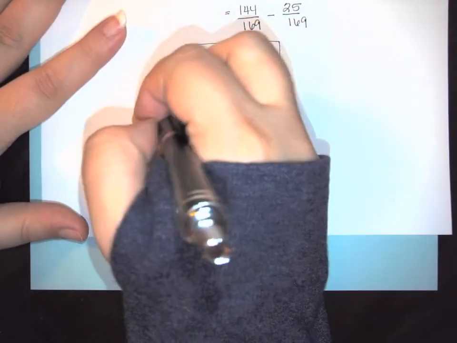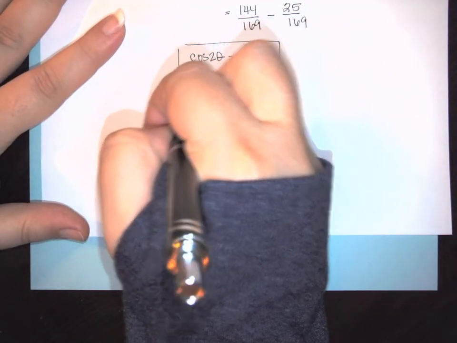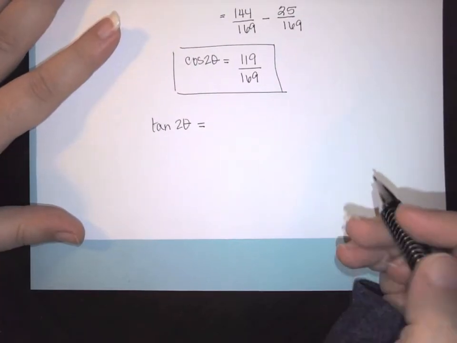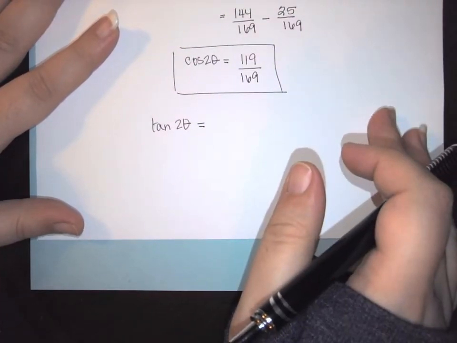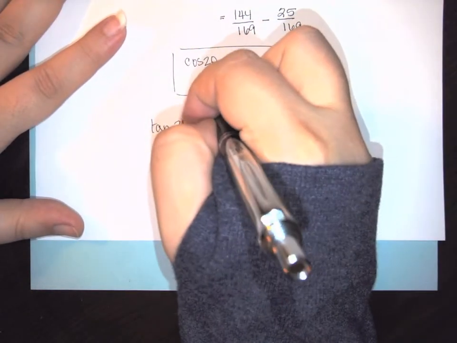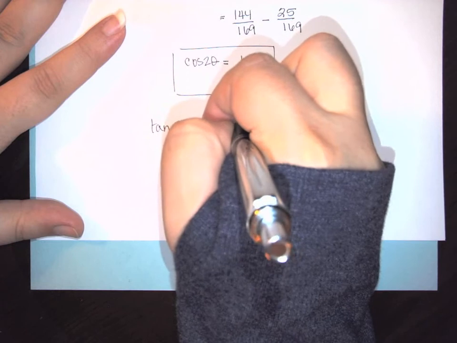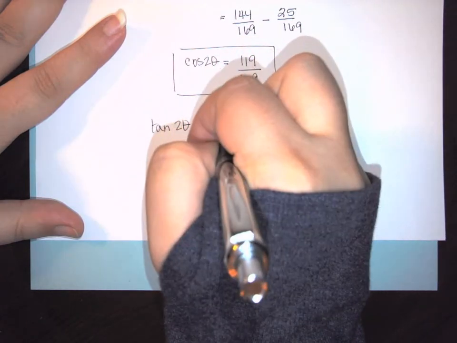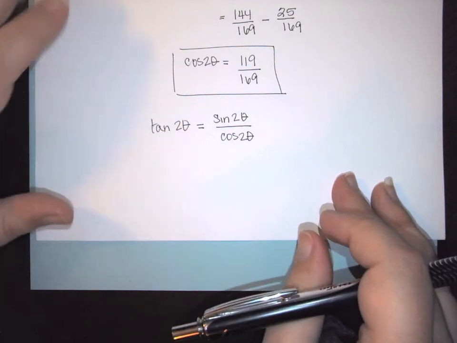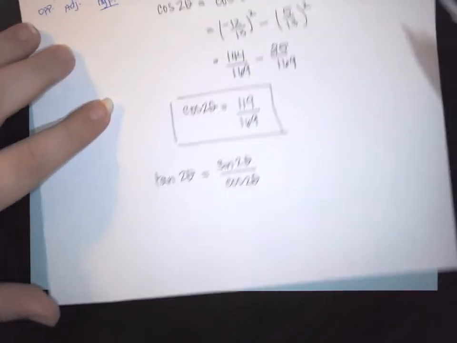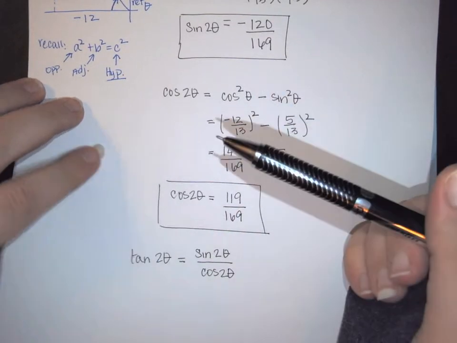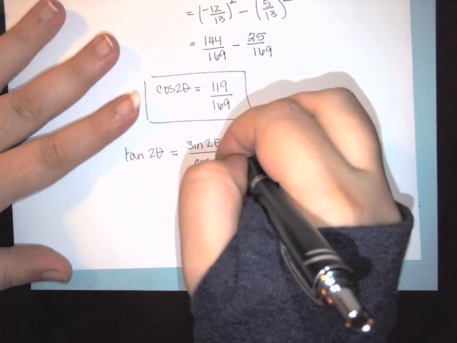Alright, now the last one that we have to do is the tangent of 2 theta. And so in this case, we can do a couple of things. One of the ways we can do tangent is we have the sine of 2 theta over the cosine of 2 theta. Now the reason this version is easy is I already found the sine and the cosine. And so here, I could just simply plug it in.